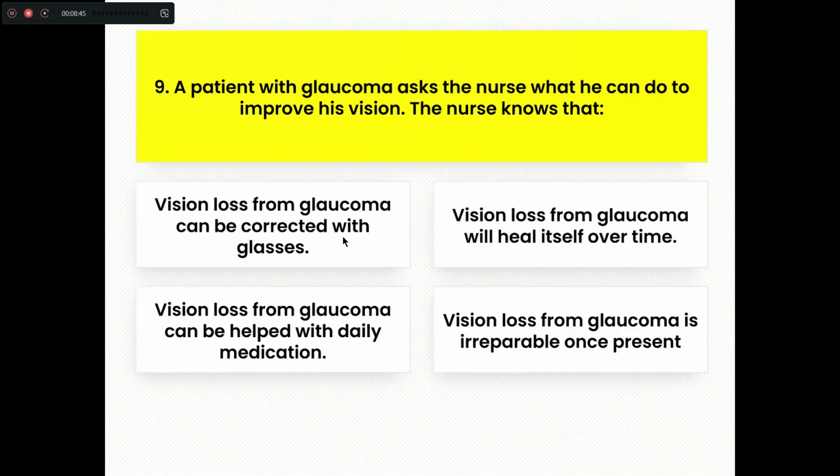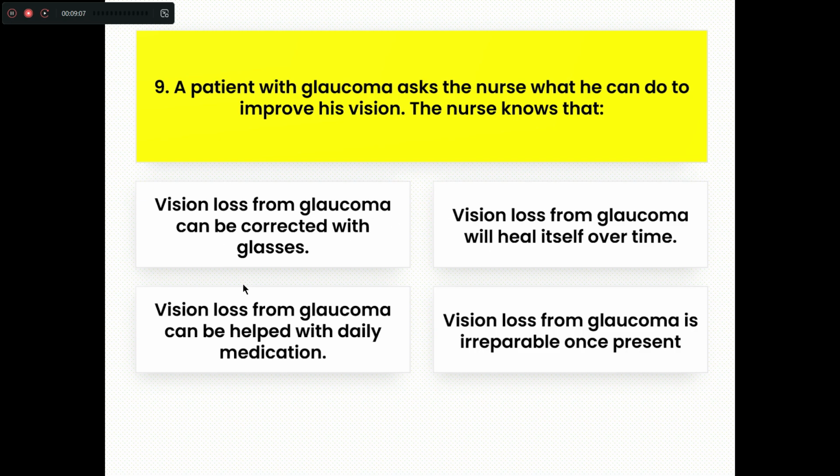Question number 9. A patient with glaucoma asks the nurse what he can do to improve his vision. The nurse knows that option A, vision loss from glaucoma can be corrected with glasses. Option B, vision loss from glaucoma will heal itself over time.